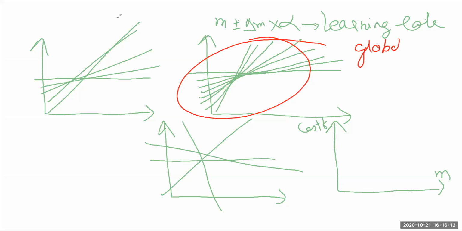Trying to find a global minima means you want to find such a value of m where the residual error on the y-axis is minimum. Minimum means 0.